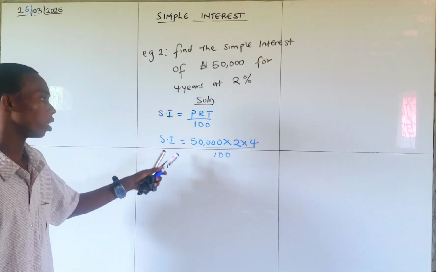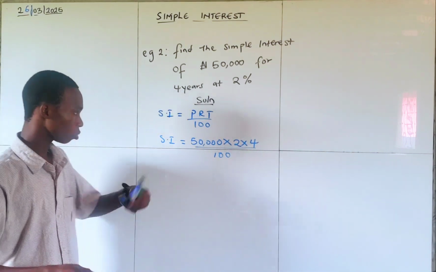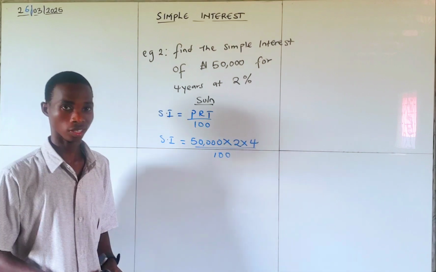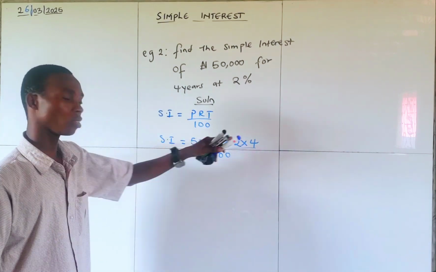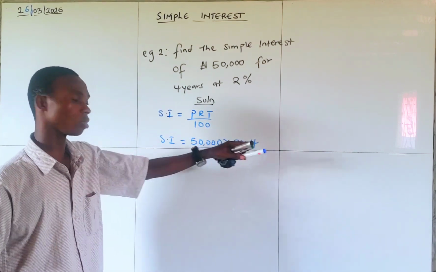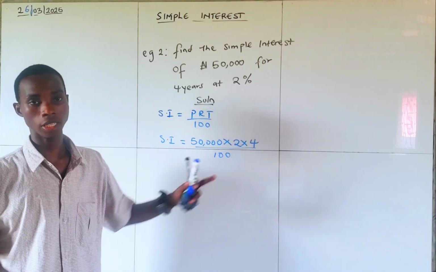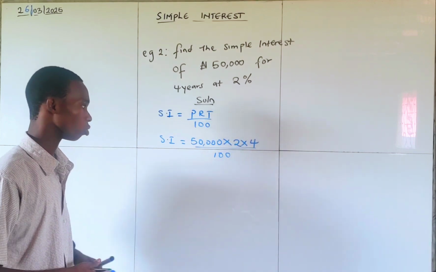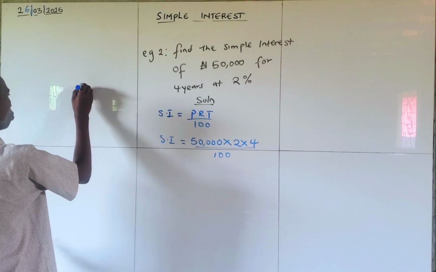Now, if we have something like this, we just need to substitute, and then we get our answer. Let the numerators times the numerators and divide by the denominators. So now let's do it. 50,000 times 2.